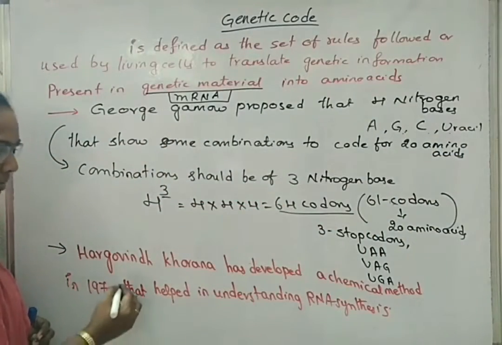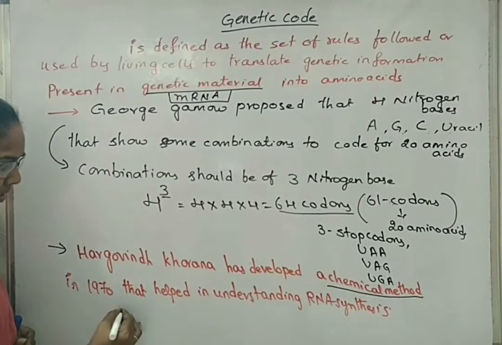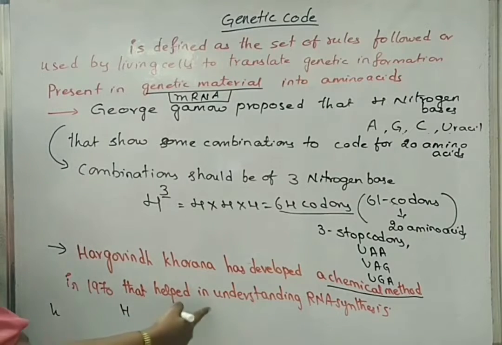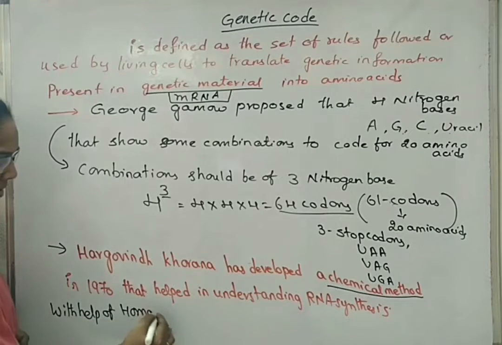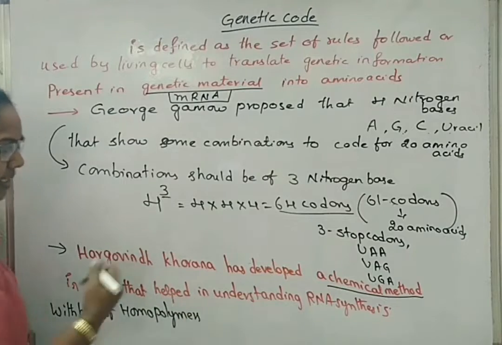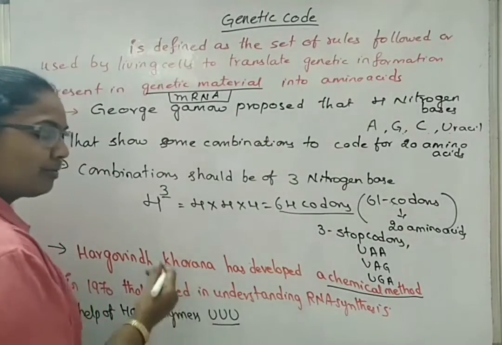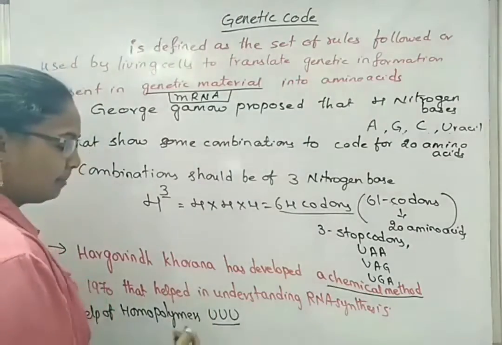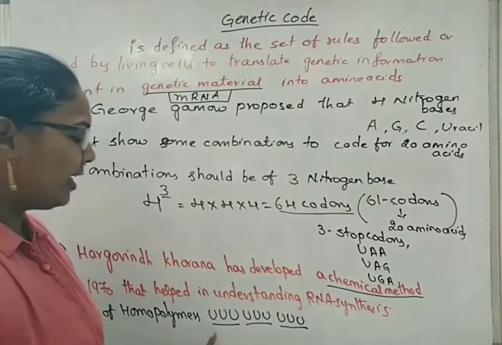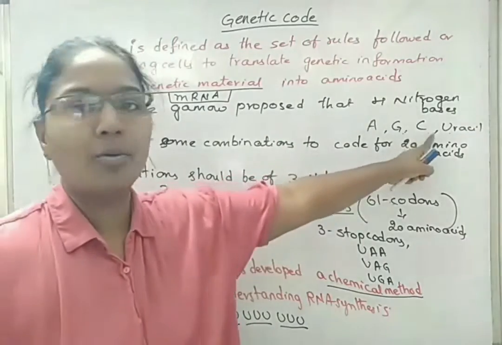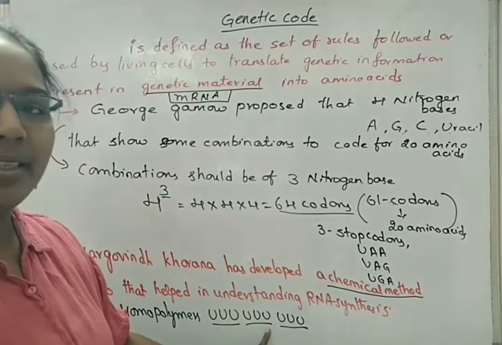So he understood RNA synthesis with the help of homopolymers. An example of a homopolymer is uracil, uracil, uracil, the same type. It codes for the amino acid phenylalanine. So when he took only one type of nitrogen base out of the 4, he saw the formation of phenylalanine.